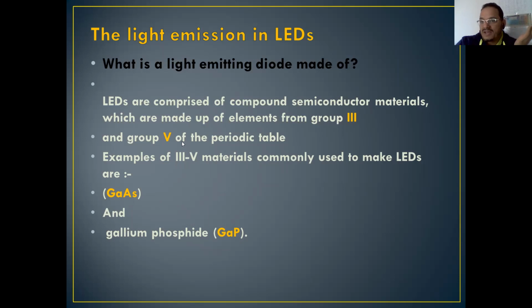It's made like any diode, from compound semiconductor material made of elements belonging to group 5, like phosphorus, which will be the donor, doped with other elements from group 3, like boron, which will be the acceptor, on the periodic table.